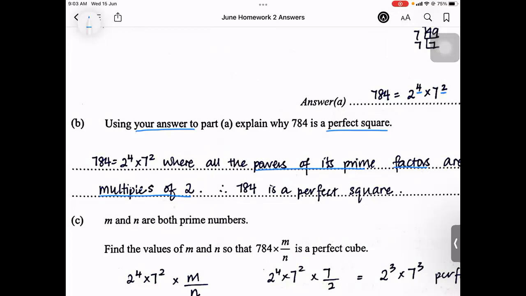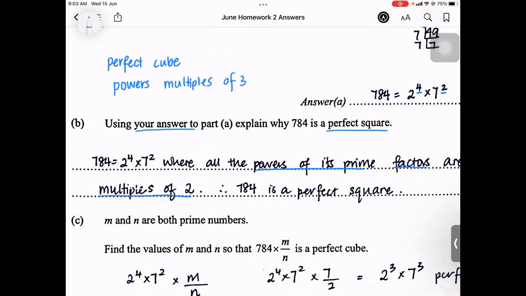Okay, to add on to this, how do we explain if it's going to be a perfect cube? If it's going to be a perfect cube, then we'll explain that all the powers of prime factors are multiples of 3.